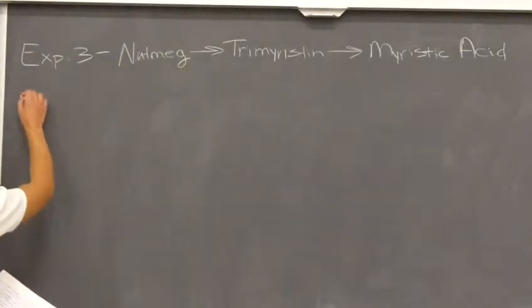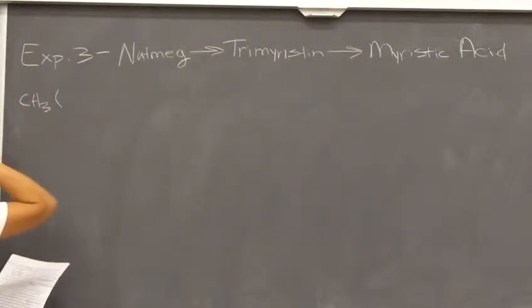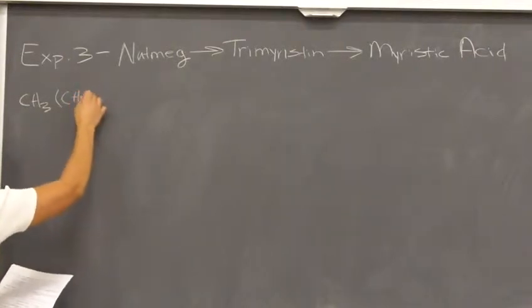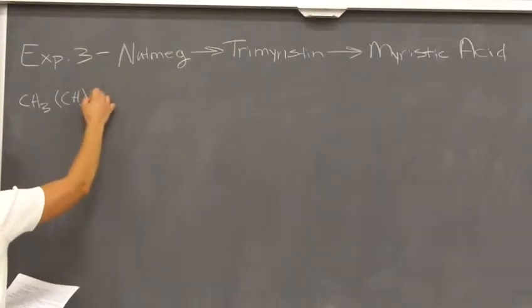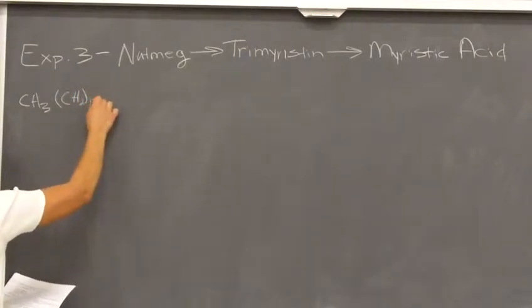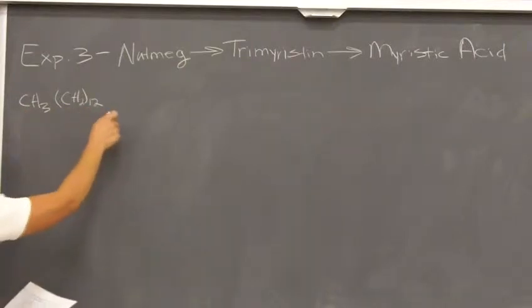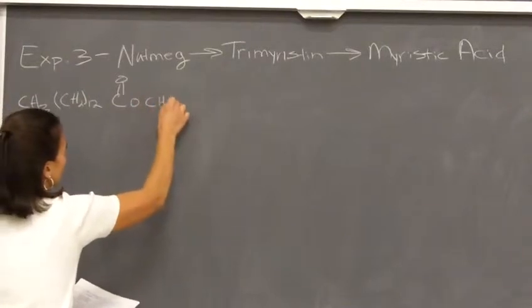So to look at the structure of trimyristin, it's very similar to other types of triesters of fatty acids. Your chain length, so we have a methyl group here, then we have 12 CH2s in the middle, and then we have our ester group here on the end.